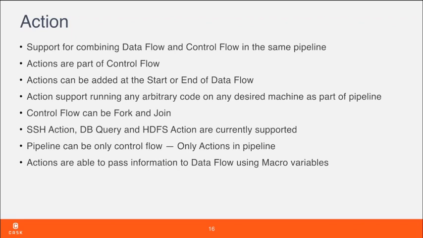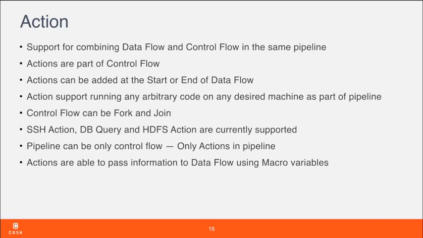One use case is, before the pipeline starts, to have an action that SSHs to a box and runs a script that looks for any new files that have come in. If there are any new files, it takes those files, moves them into HDFS, and then archives those files on the same machine, or somewhere else. That's an action node.